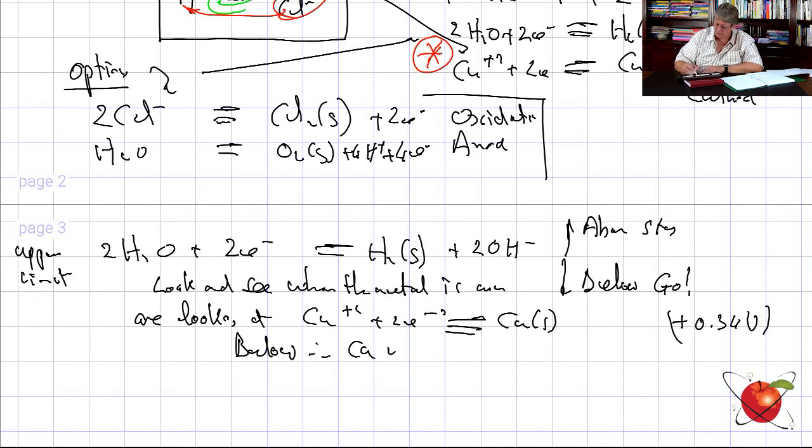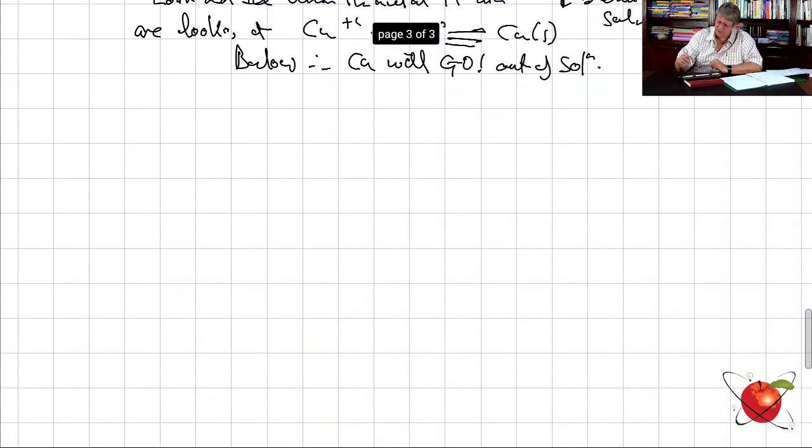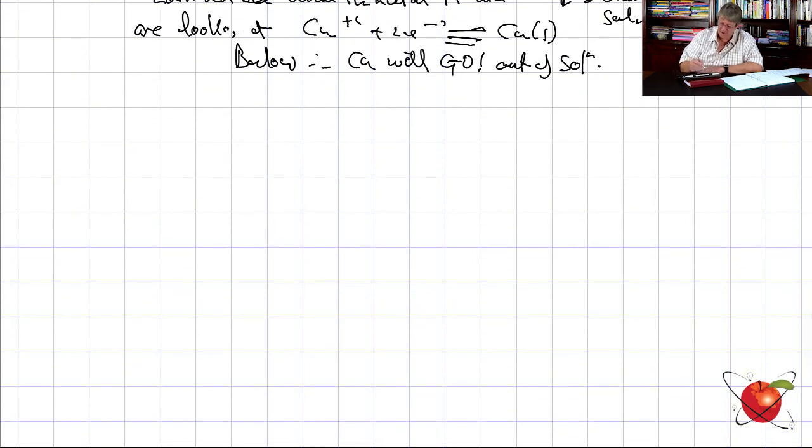Therefore, copper will go out of solution, since below is go. Right? Straightforward. The next step is to look at the lower limit.